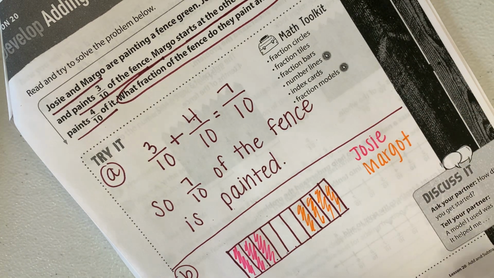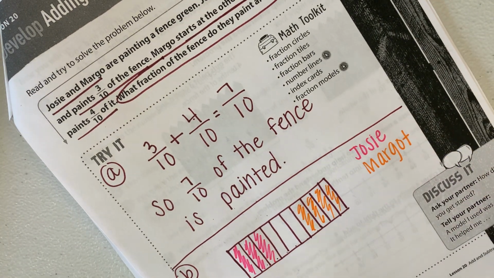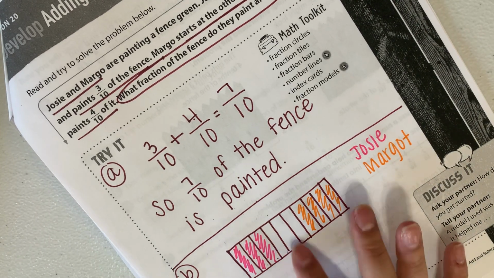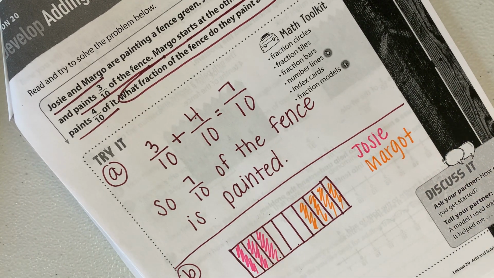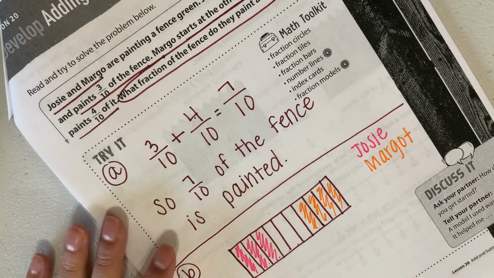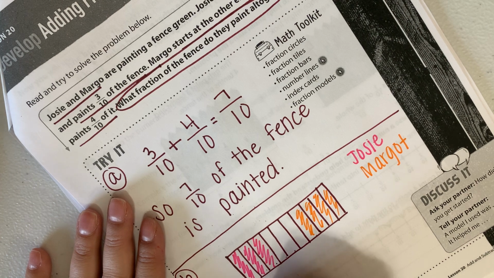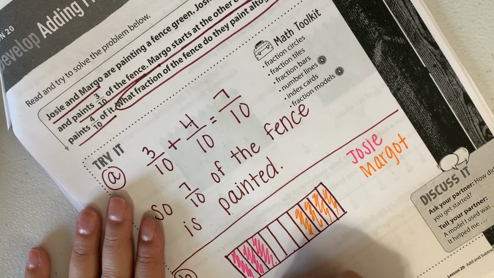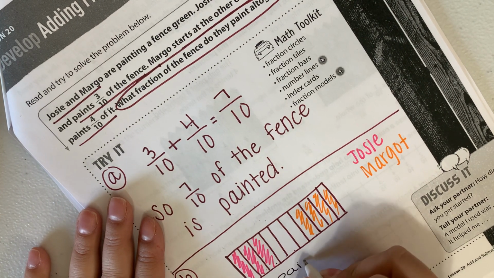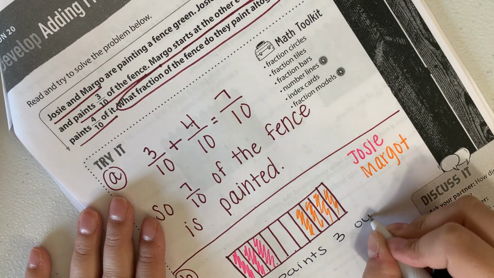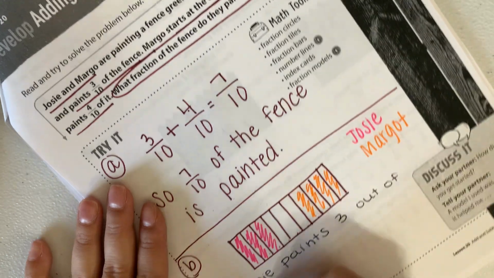Now, there's multiple ways you can do this. We can just count up, saying that there's 7/10 again, or you can count the ones that aren't colored in and then subtract that from 10. But nonetheless, this is just another way to say that Josie paints 3 pieces, 3 out of the 10 pieces.